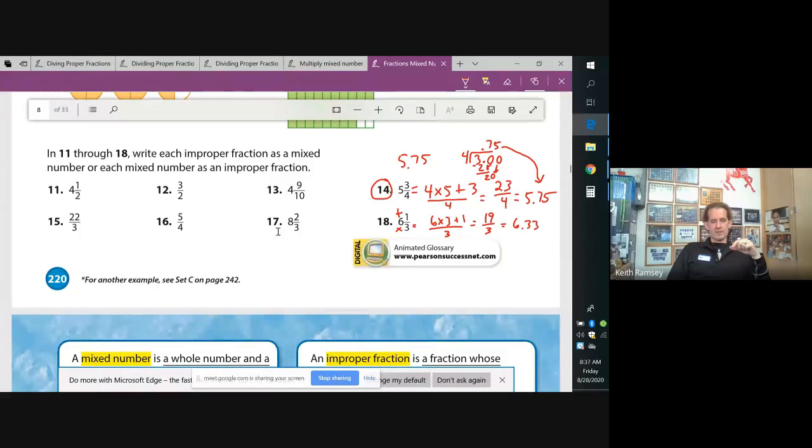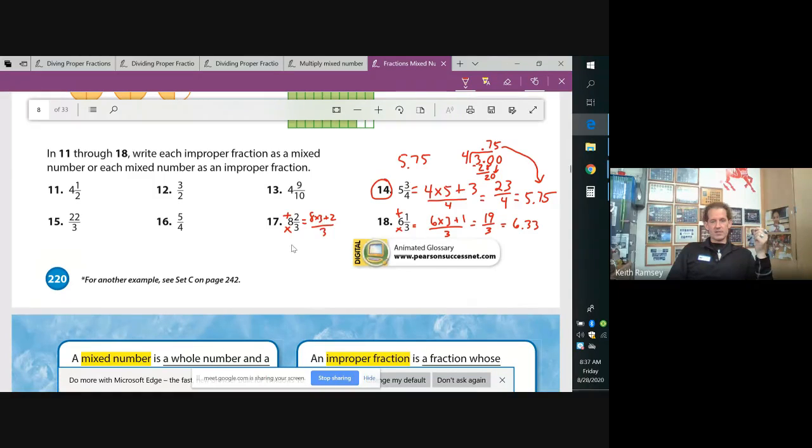Let's take a look at number 17. 8 2/3 is equivalent to $8.66. How do I write that as an improper fraction? I multiply the denominator by the whole number. I add the numerator, and the denominator stays the same. So 8 times 3 plus 2 over 3.